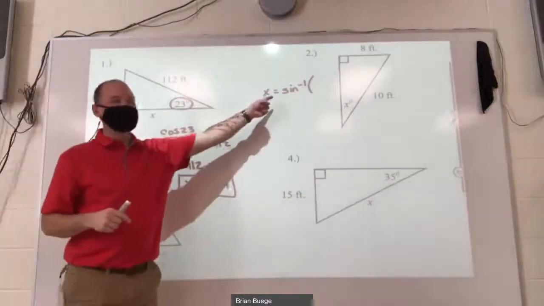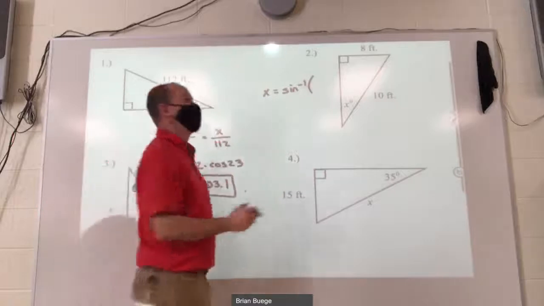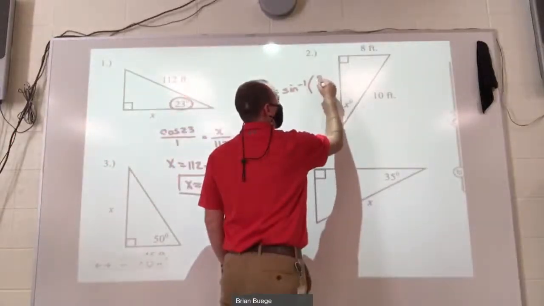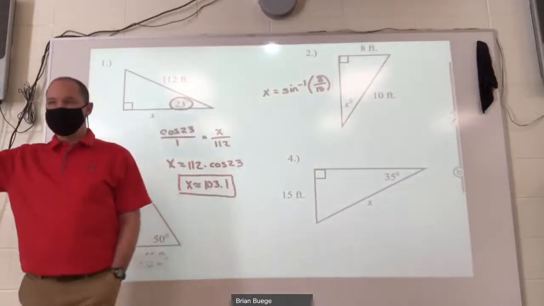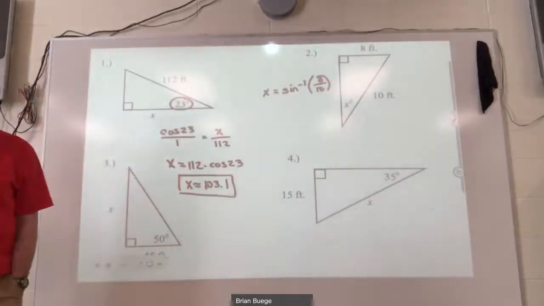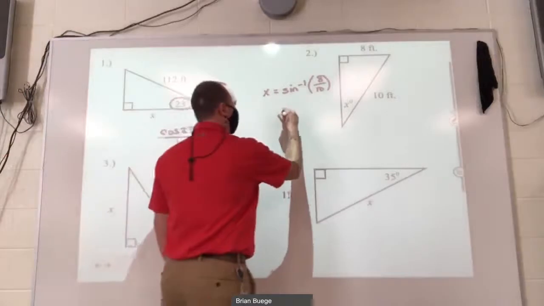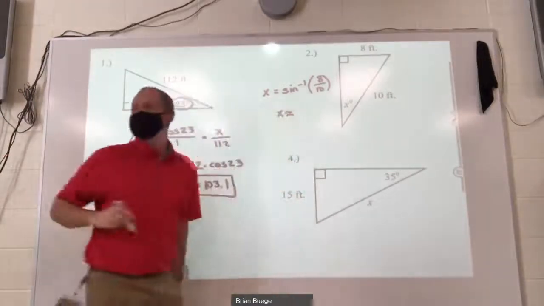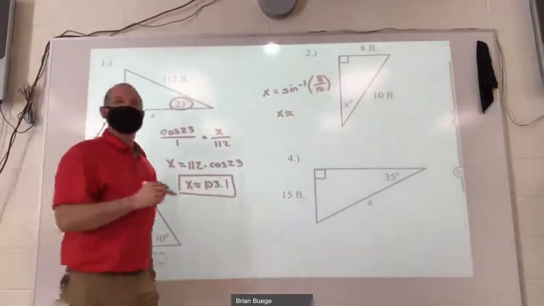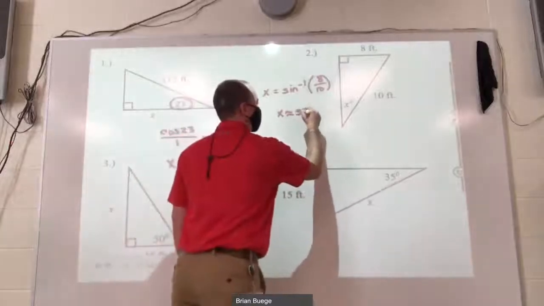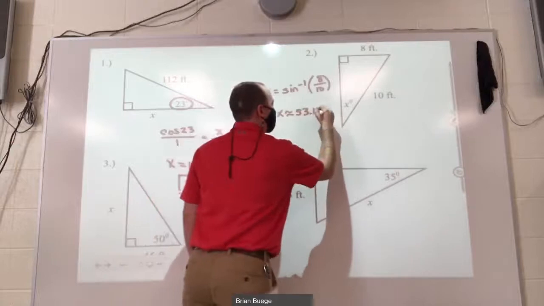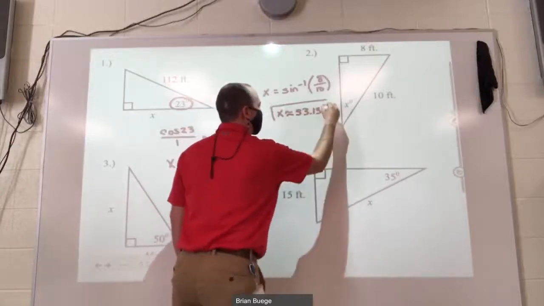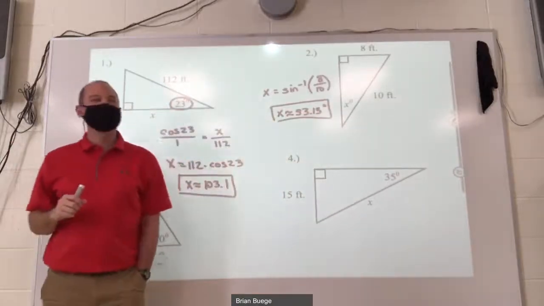So if I'm doing inverse sine, I set up the sine ratio, in this case 8 over 10. If I was doing inverse cosine, I would set up the cosine ratio, and so on. Ari, what'd you get for this one when you typed that in? Approximately 53.13? Okay. So approximately 53.13 degrees. There's your answer for that part.